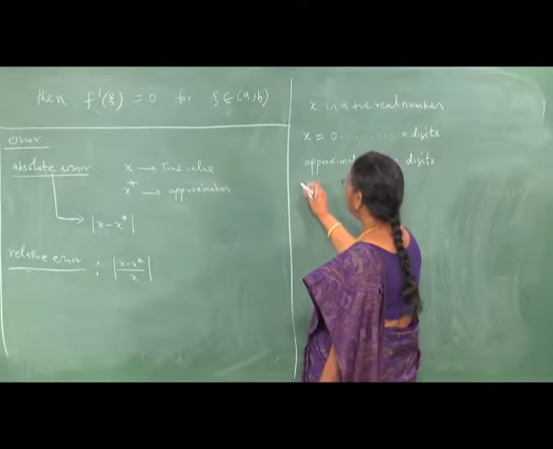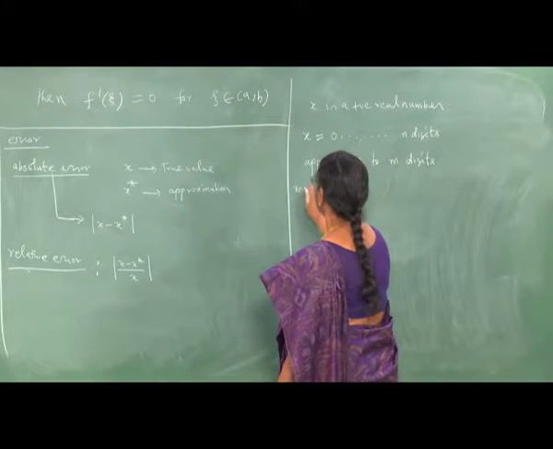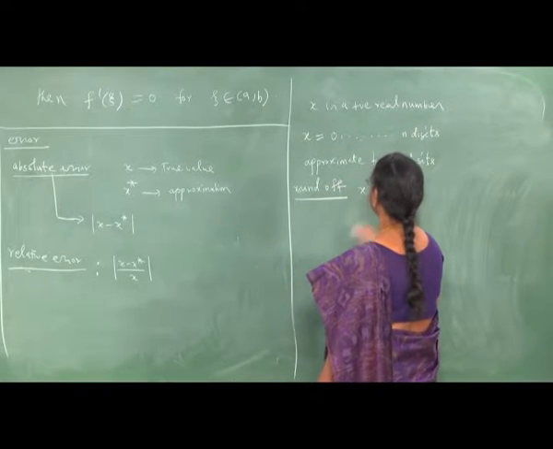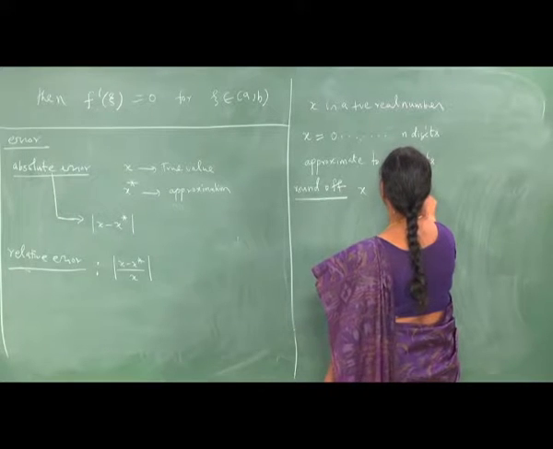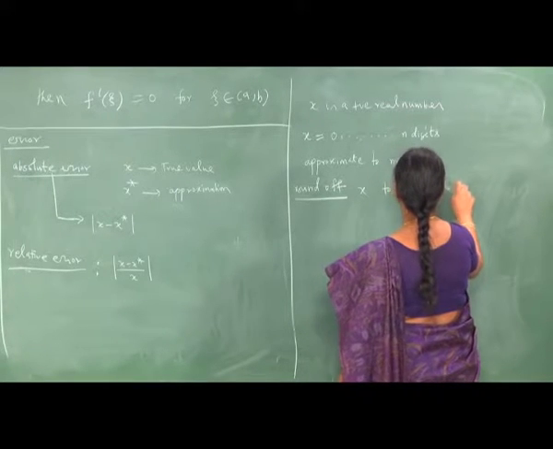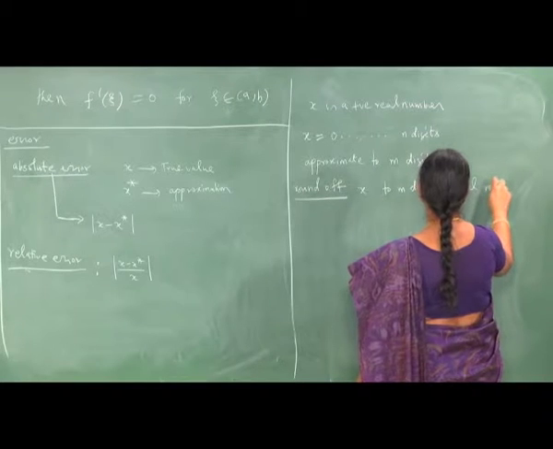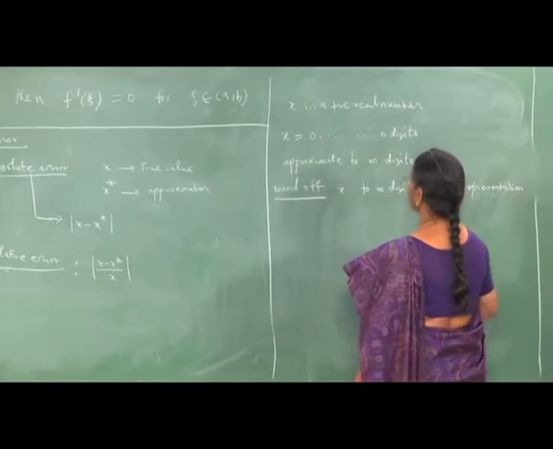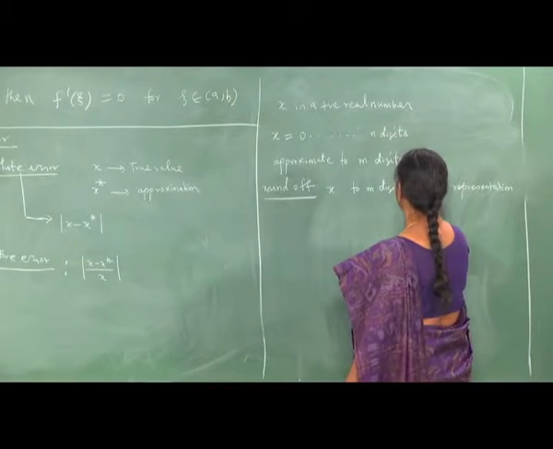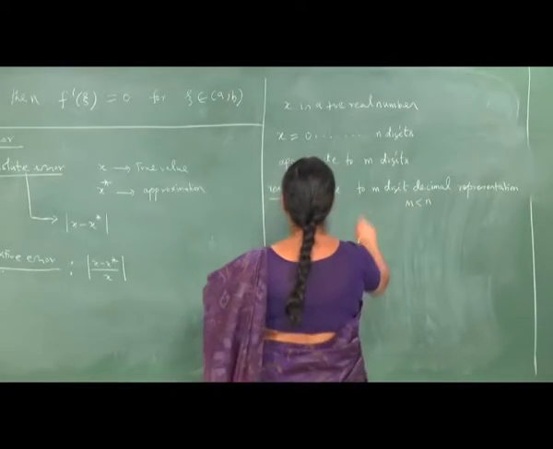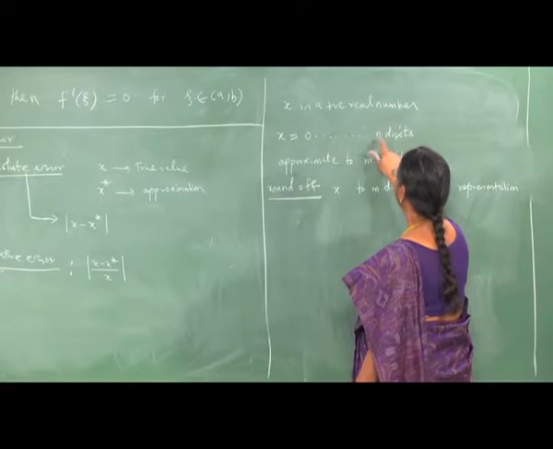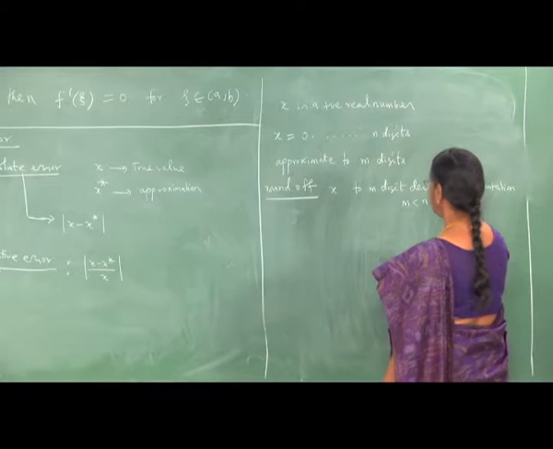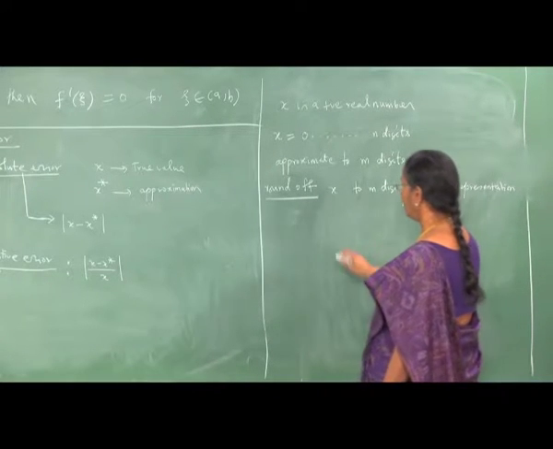Namely, I would like to round off x to m digit decimal representation. Then what do I do? With m less than n, I want to approximate this n digit decimal representation to an m digit decimal representation.